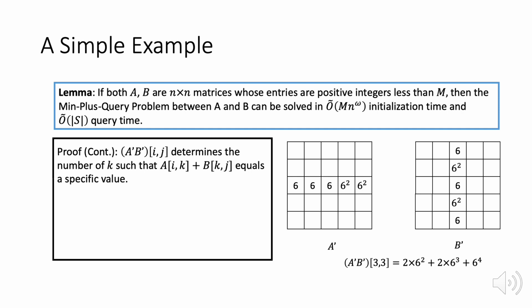For instance, here, A'B' 3,3 equals 2 times 6 squared plus 2 times 6 cubed plus 6 to the fourth. Therefore, the number of k such that a3k plus bk3 equals 2 is 2, and so on. Note that to compute the matrix product A'B', it takes O tilde m times n to the omega time, because every entry of A' and B' is an integer with m log n bits.